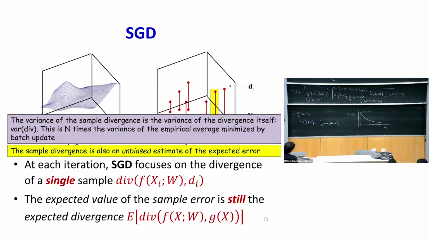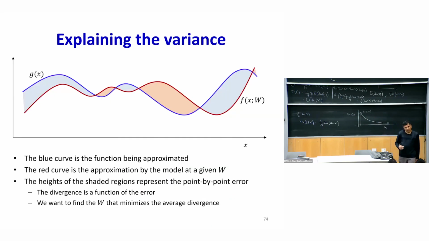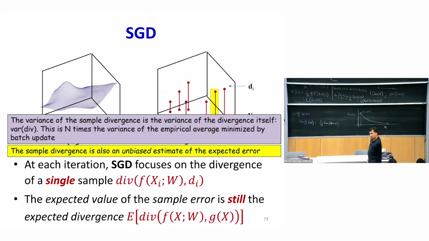So if I have a very large training sample, the variance of my loss is going to be somewhere out here. Whereas if my training sample is just a single one, my variance is going to be out here, which is why when I train across different runs, when I'm performing stochastic gradient descent, my loss values are going to be bouncing all over the place, and things don't converge.